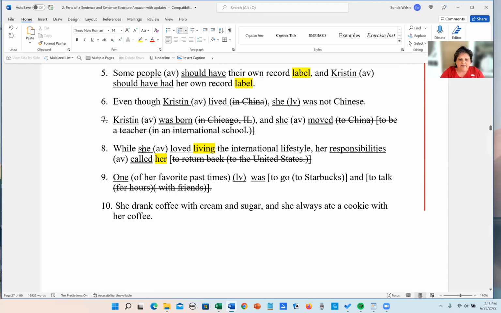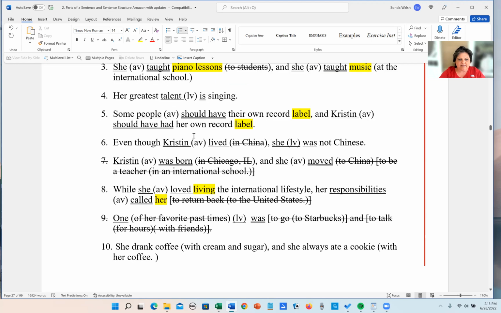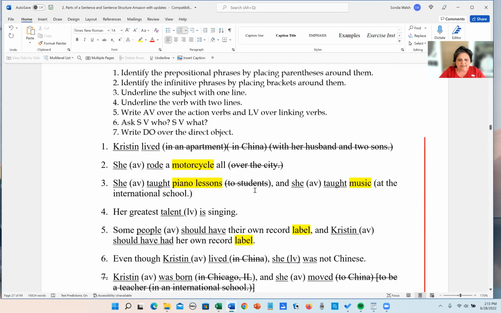Number 10, let's find our prepositional phrases. With cream and sugar is a prepositional phrase. And with her coffee is another prepositional phrase. Okay. And let's find, what is the next thing? Infinitives. I didn't see any infinitives.